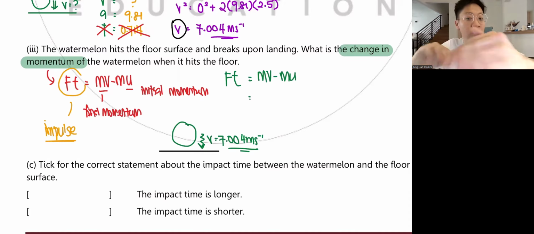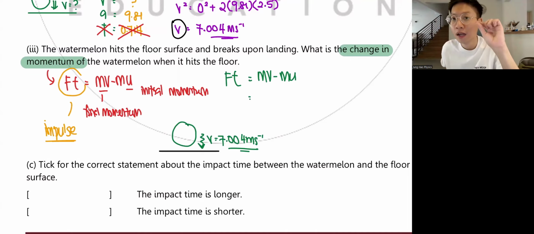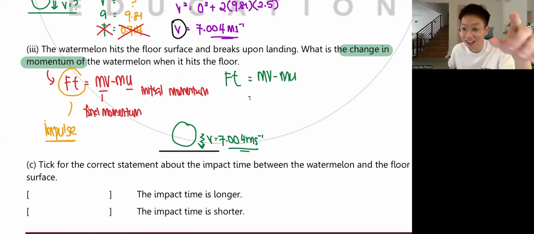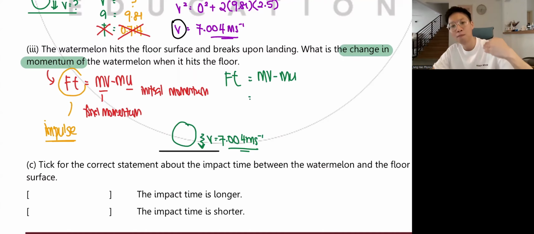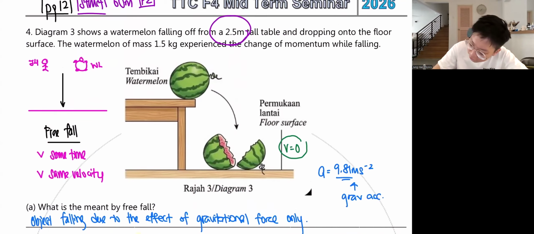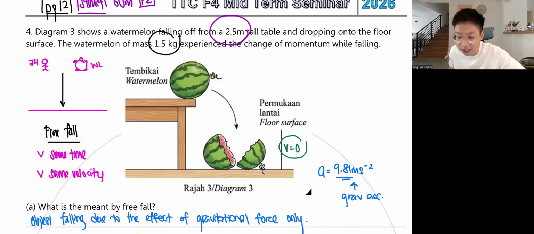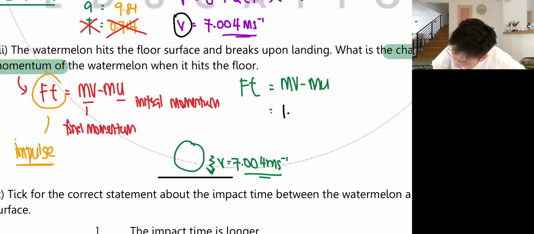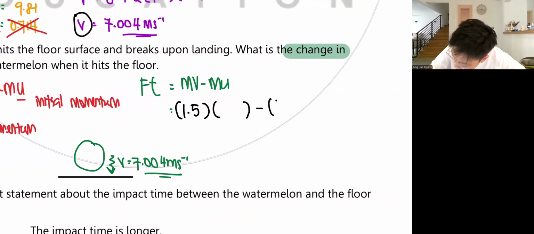Now, guys, remember, mass must always use what unit? Kg. Who uses gram? Please make sure you're aware of that. So you will realize that it's 1.5 kg. So this is my 1.5. I have a final velocity. This is a 1.5. I have my initial velocity.